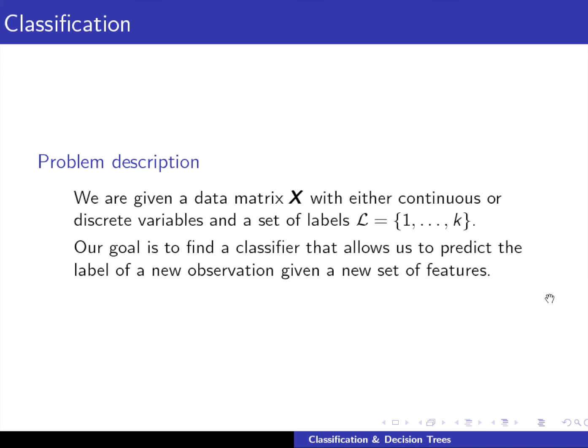They might be only integer valued, for example. And in this case, for classification, we're going to do supervised learning. So we have a set of labels here, script L from 1 up to K. So in the heart attack example, we might have the data labeled with script K equals 0, 1, for example, because maybe people had a heart attack or they didn't.